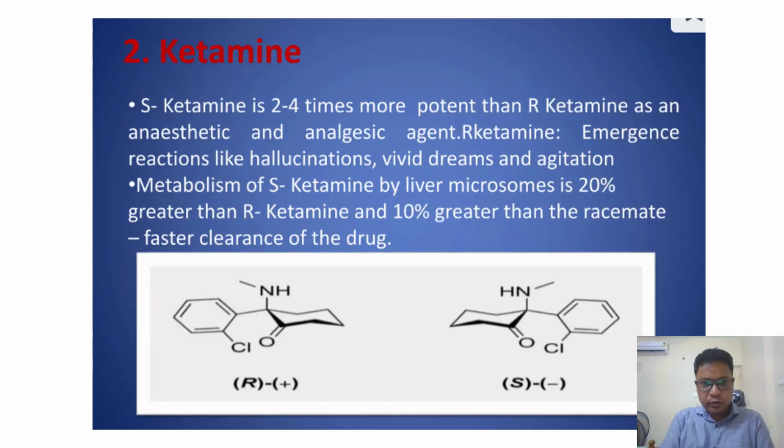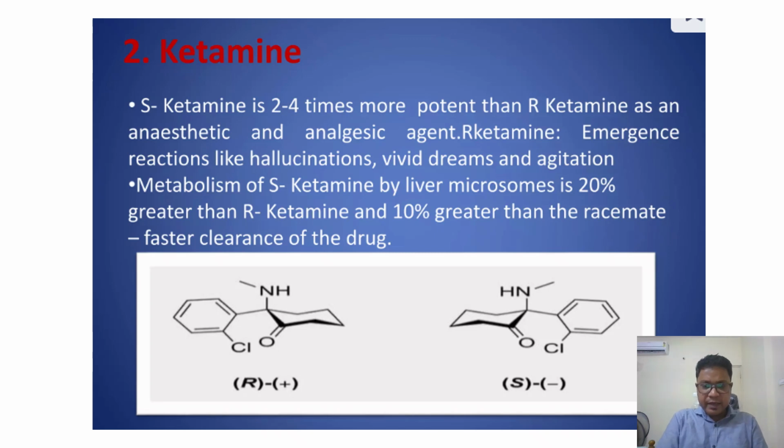Similarly, ketamine. This is the structure of ketamine, and we can see that S-ketamine is 2.4 times more potent than R-ketamine as an anesthetic and analgesic agent. If we take R-ketamine into our body, it will cause side effects such as emergence reactions, hallucination, vivid dreams, and agitation.